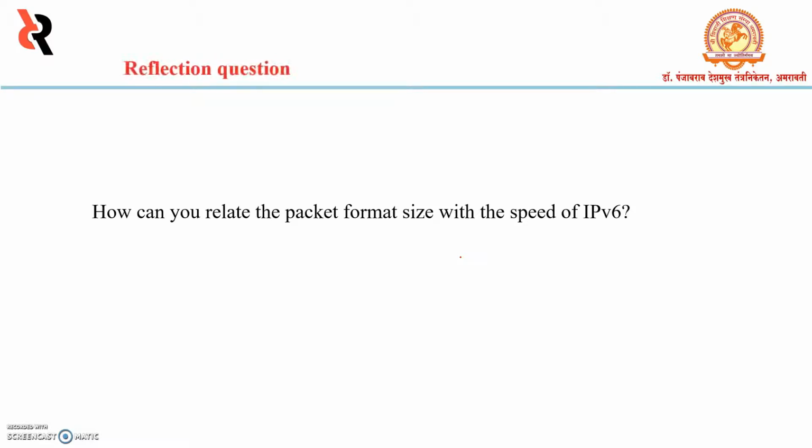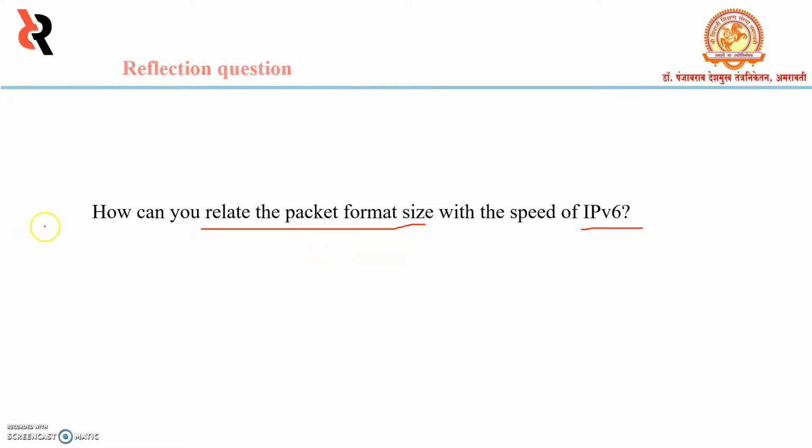We know that IPv6 speed is more than IPv4. What is the reason? If we relate it with the packet format size, then we can say that IPv4 has 12 fields while IPv6 has 8 fields. So unnecessary fields are ignored or omitted in IPv6, so that information can be quickly transmitted to the destination.